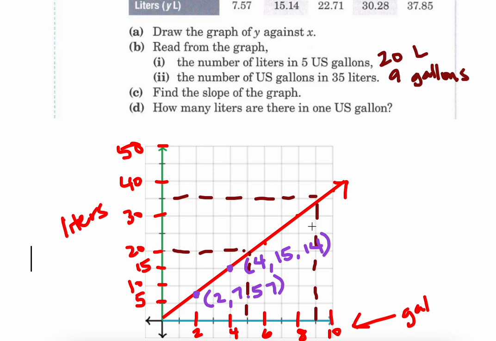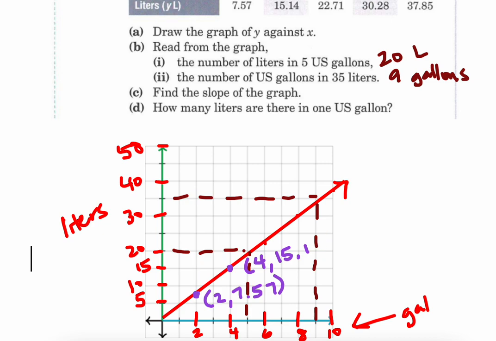So if I were to figure out the rise over run, I would need to figure out how much we need to add to 7.57 to get up to this 15.14.